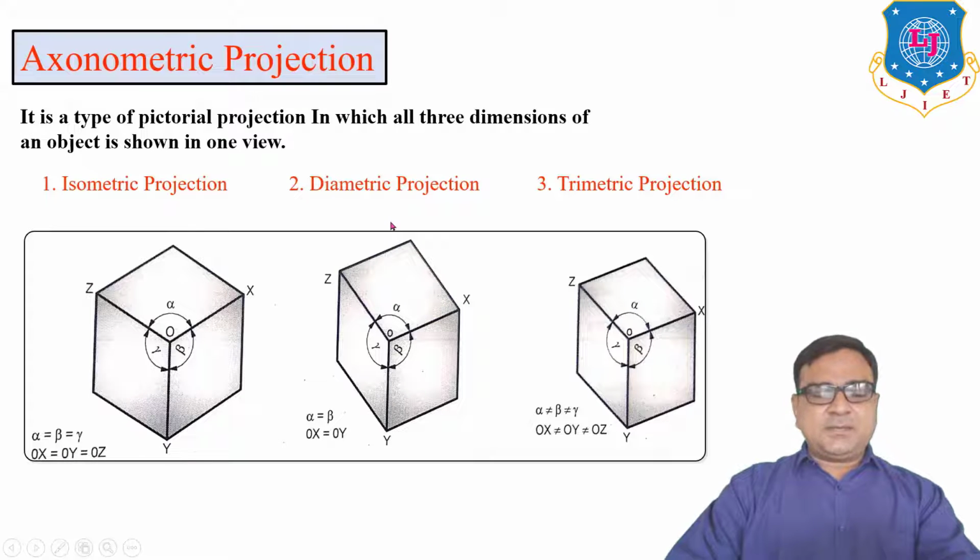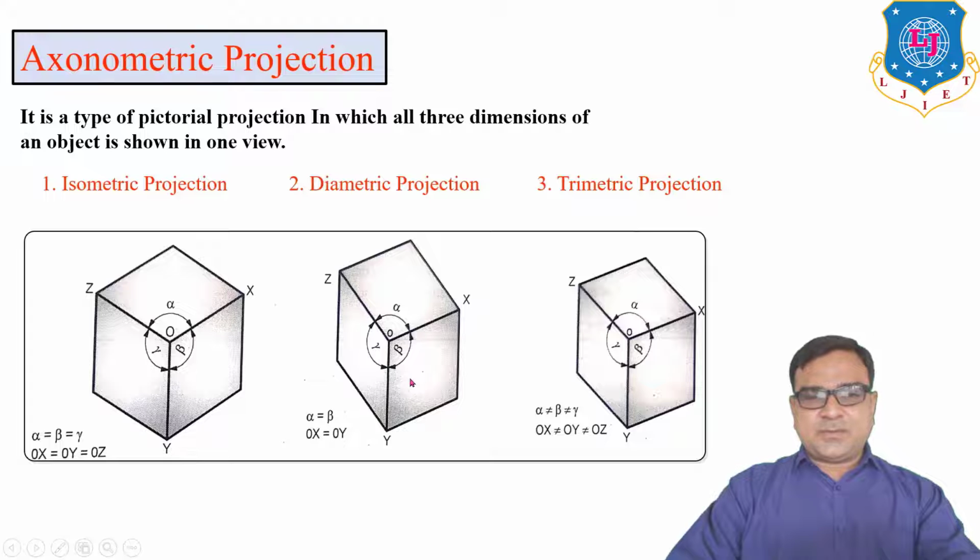But in diametric projection, the angles alpha, beta, gamma, in which the angles alpha and beta are equal, but gamma is not equal to alpha and beta. So here OX and OY are equal, but OZ is not equal to OX and OY.